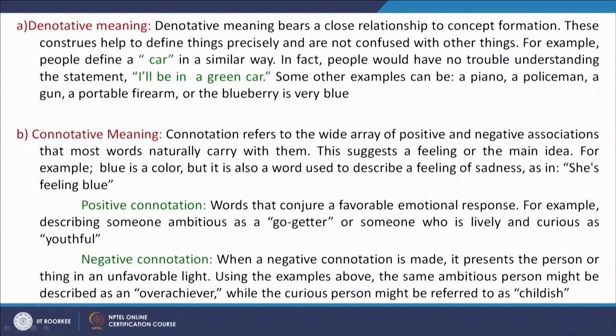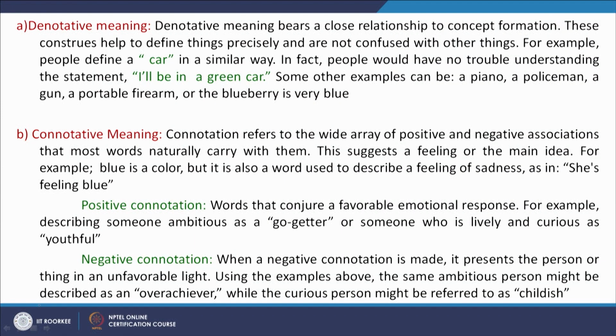For example, if I say that she is feeling blue, now definitely in literal form it is an idiom, but at the same time the message is connotative that the girl is very sad. So, this is a connotative meaning with the wide array of positive and negative associations that most words neutrally carry with them.